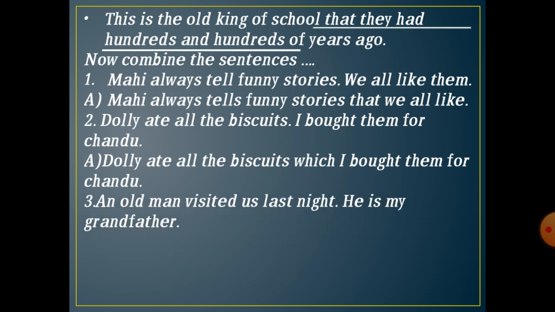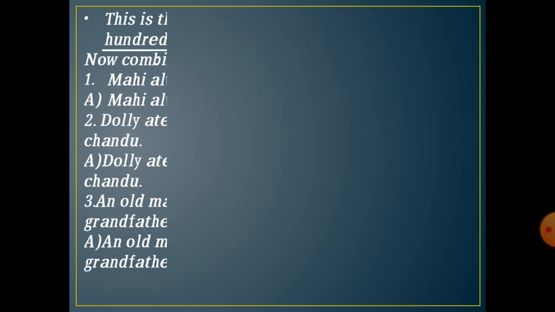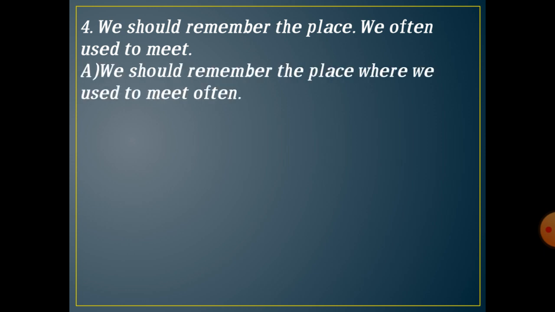Another one. An old man visited us last night. He is my grandfather. So how will it be? The old man who visited us last night was my grandfather. Another one. We should remember the place. We often used to meet there. There are two different sentences. How will we combine them? We should remember the place where we used to meet often.